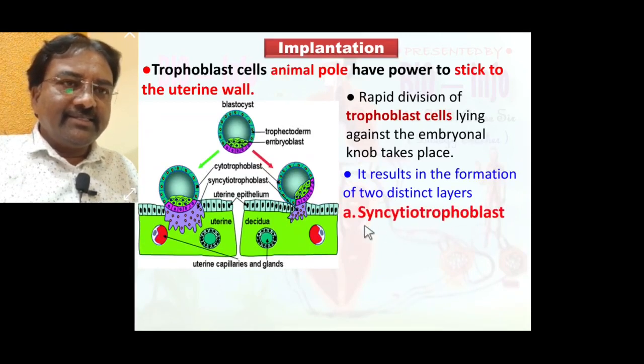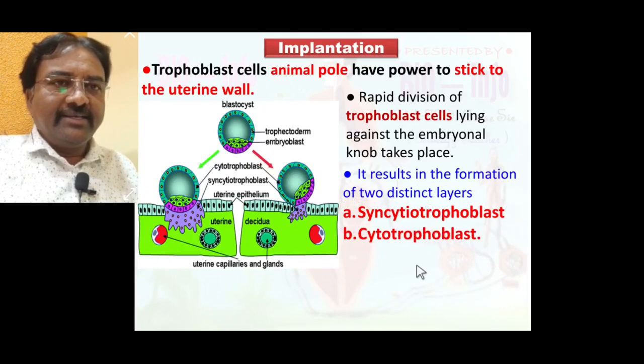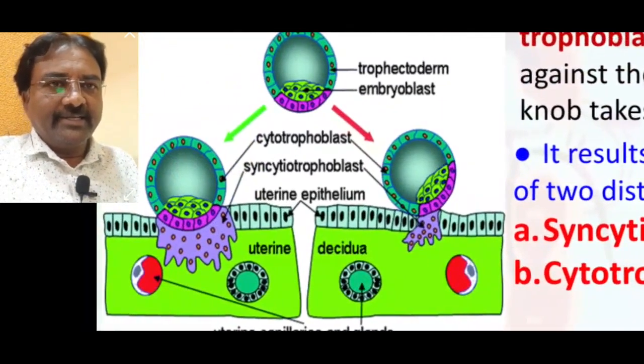One is the syncytiotrophoblast and the other is the cytotrophoblast. These two types of cell layers are seen here in the diagrammatic representation.